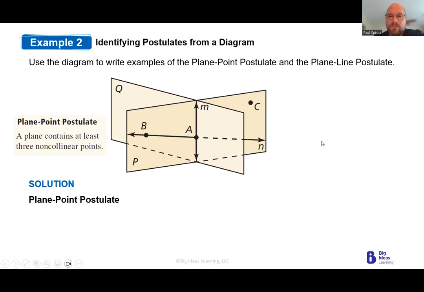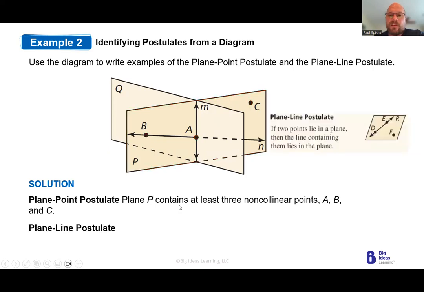So pick a plane that has points showing on it. We had B, A, and C. Those are the only 3 points that we have, so we're going to have to use those 3 points. So A, B, and C. And those are on plane N. So we can say plane P contains at least 3 non-collinear points, A, B, and C. So again, those 3 points were on that plane, and that's plane point postulate.